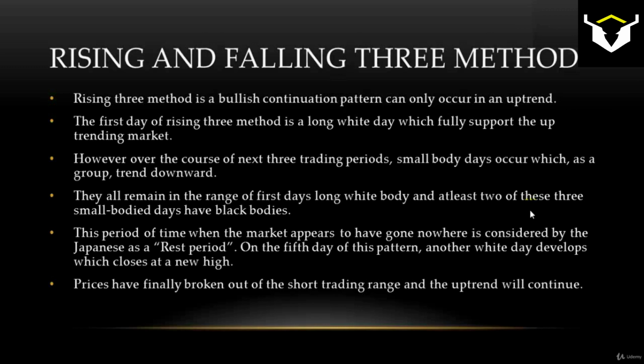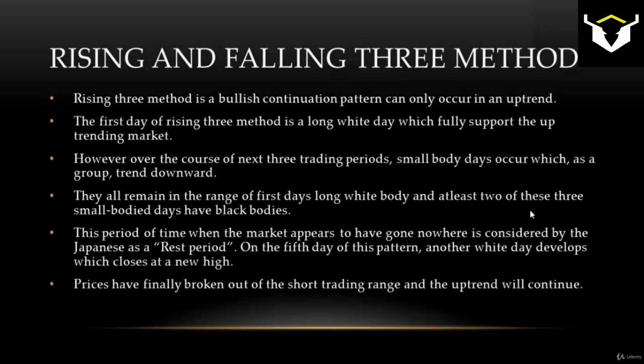They all remain in the range of the first day's long white body, and at least 2 of these 3 small bodied days have black bodies. This period of time when the market appears to have gone nowhere is considered by the Japanese as a rest period. On the 5th day of this pattern, another white day develops which closes at a new high. Prices have finally broken out of the short trading range and the uptrend will continue.